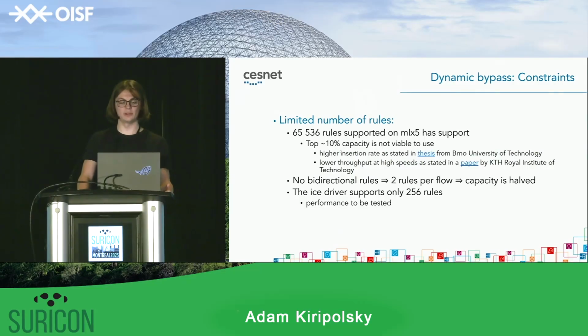Then we need to hard cap the maximum number of rules that is viable to use. Also, as RT flow doesn't support bidirectional rules, we need to create 2 rules per 1 flow, so we are practically halving the capacity.